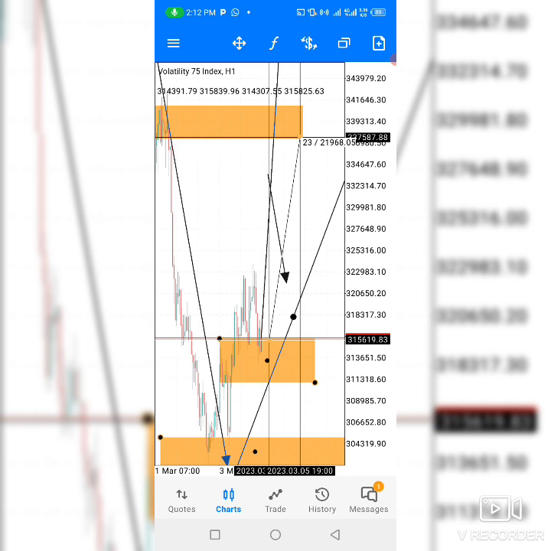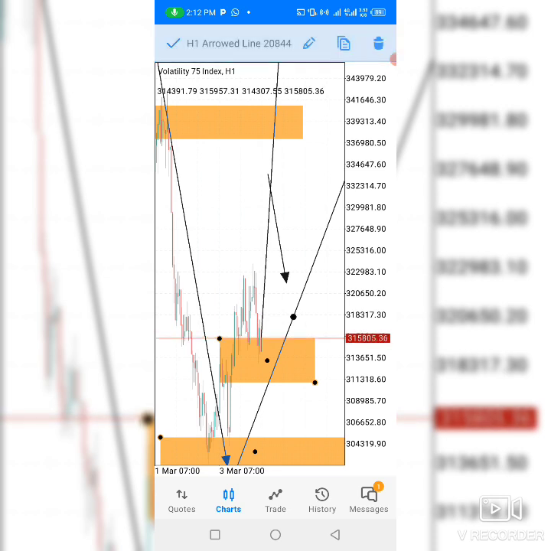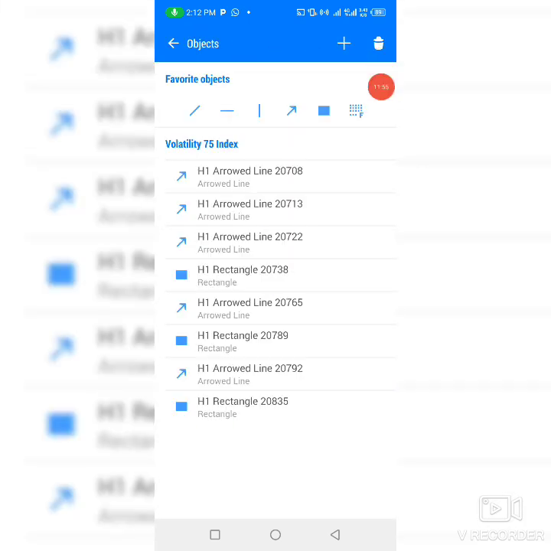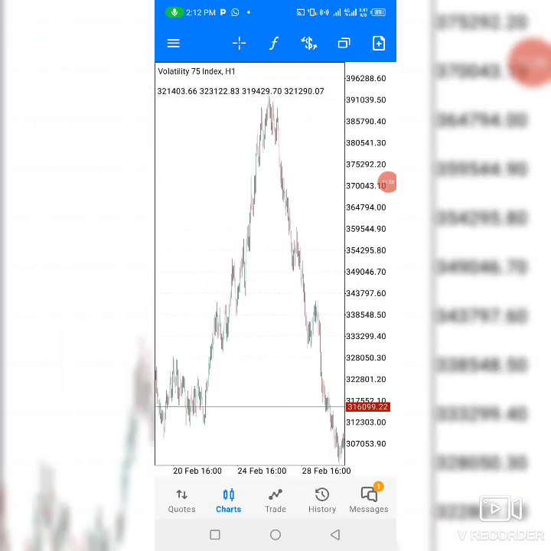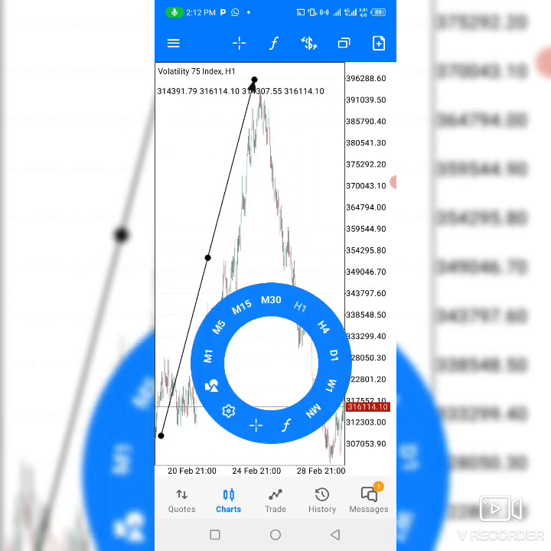So you can see that you can easily use the V pattern of Volatility 75 Index to trade it. What I mean by V pattern is when you go to H1 and look at the lowest level, you discover that the market is doing something like this and then something like this.